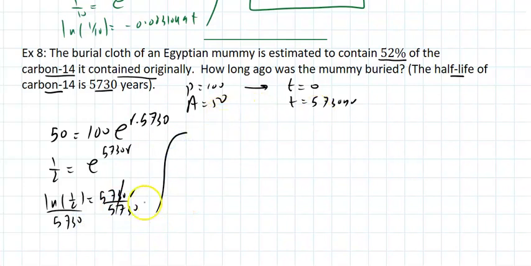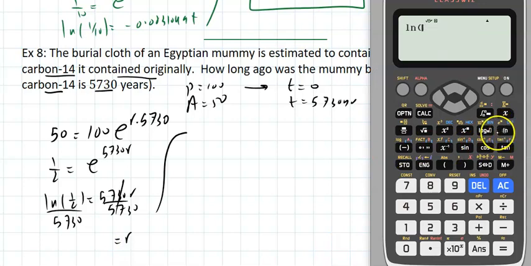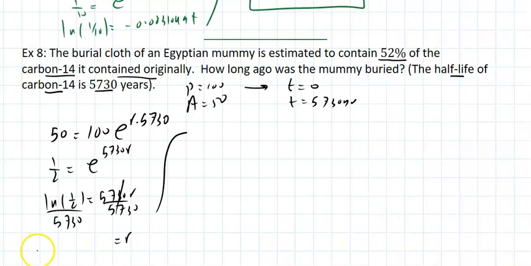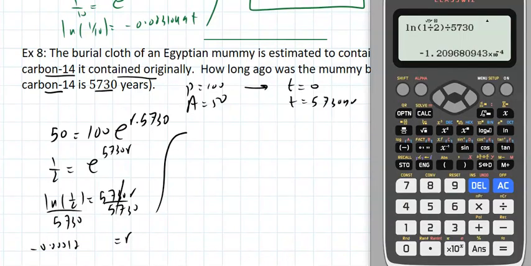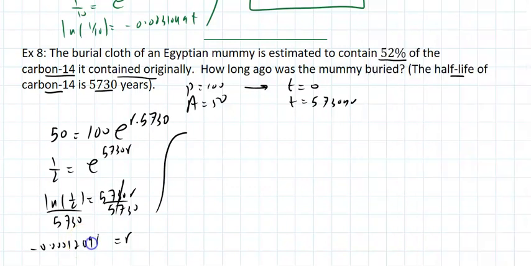So r equals, if I get my calculator out, natural log of 1/2 divided by 5,730. It's negative 0.000120968. I'd rather you use answer, because if you copied this wrong, you're going to mess up the whole problem.